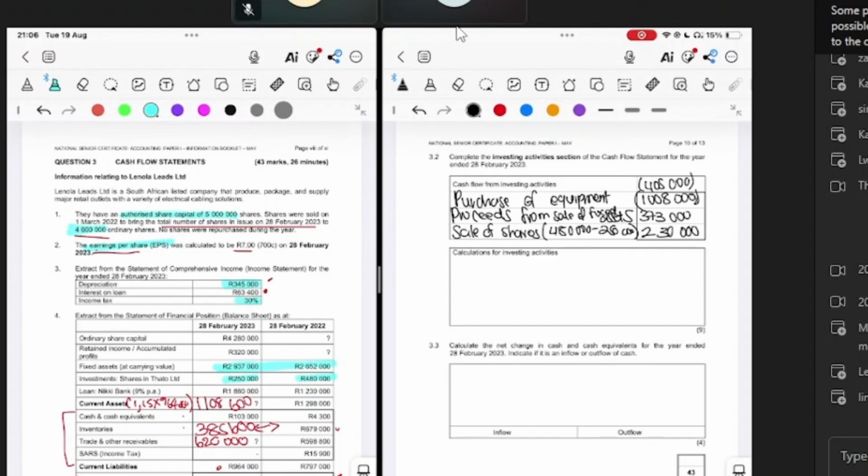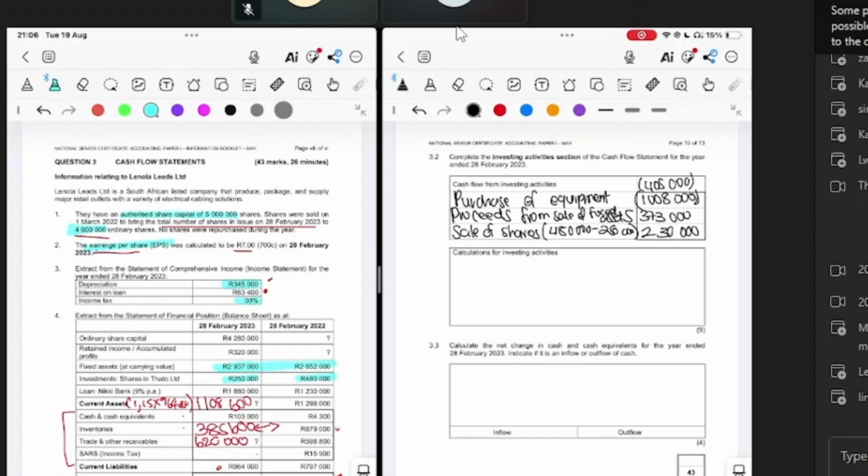Then the final part is to calculate the net change in cash and cash equivalents for the year ended 28th February. Indicate if it is an inflow or outflow of cash. There are two ways to calculate the net change. Either you use the net inflows from your three activities, which is investing, operating, and financing.